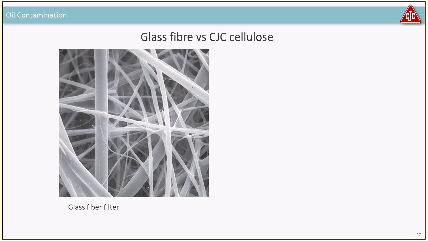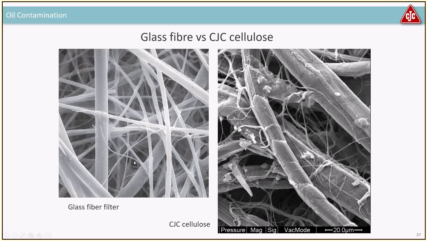If you zoom in on the glass fiber versus cellulose fibers here, you can see these are glass fibers, quite uniform in size, and what obstructs the particles is obviously how big the holes are. If you zoom in on CJC cellulose, you can see there are some big structural fibers, about 20, a little less than 20 micron.